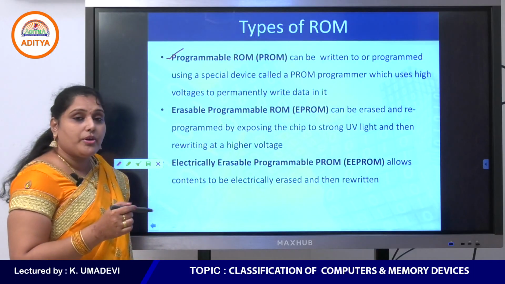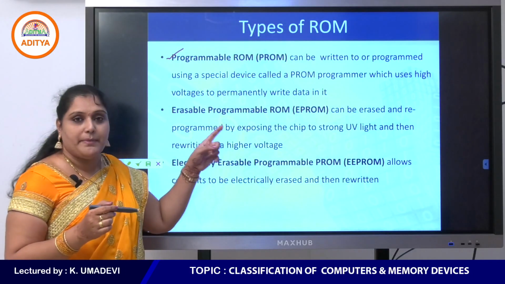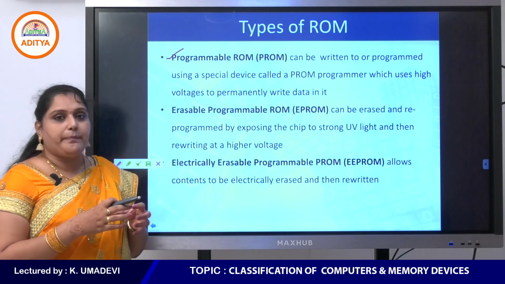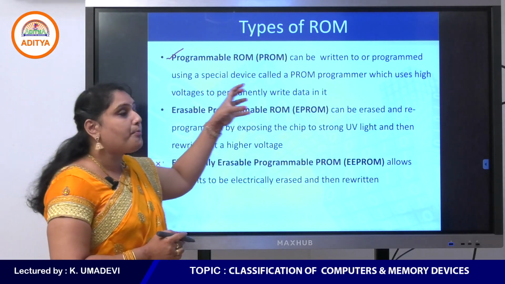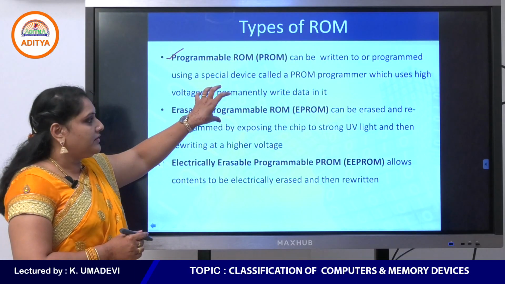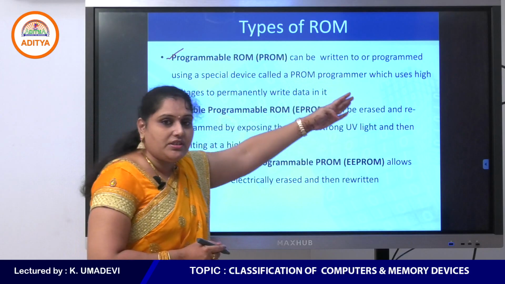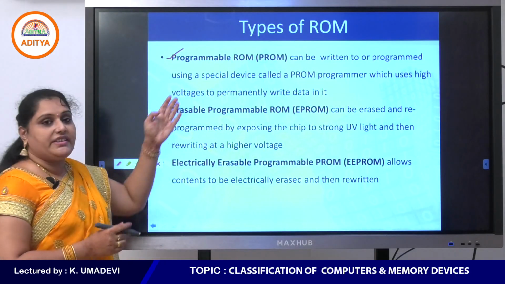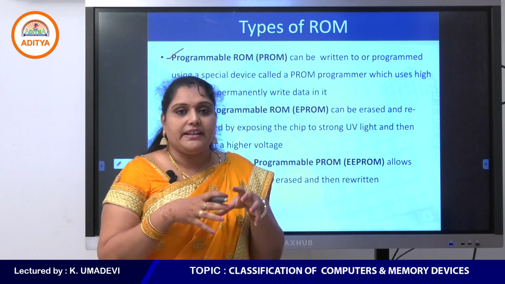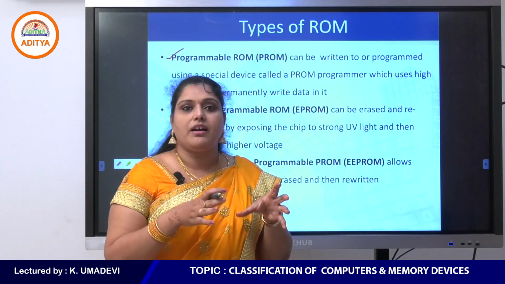PROM, programmable read-only memory: once it is programmed, the data will not be erased. Using a PROM programmer, the chip can be programmed. Writing is nothing but storing the data. In computers, writing is nothing but storing the data.